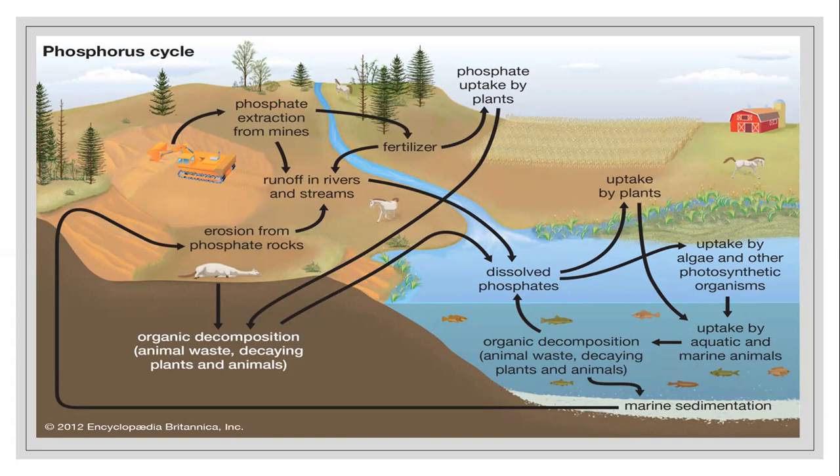Phosphates are washed into waterways and utilized by vegetation and algae. These phosphates may come from fertilizer runoff, sewage discharge, natural deposits, and industrial waste. Phosphates tend to settle on the bottom of oceans, lakes and other water bodies. When these sediments are stirred up, phosphates then re-enter the phosphorus cycle.